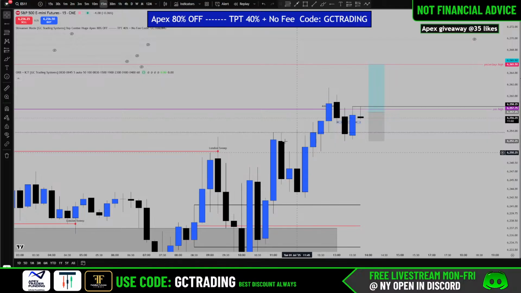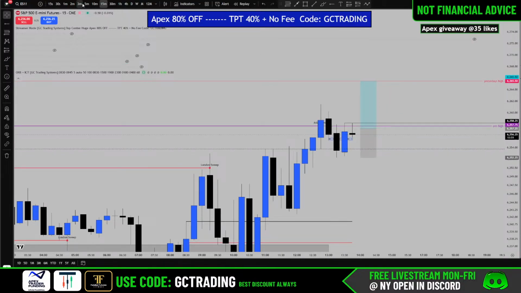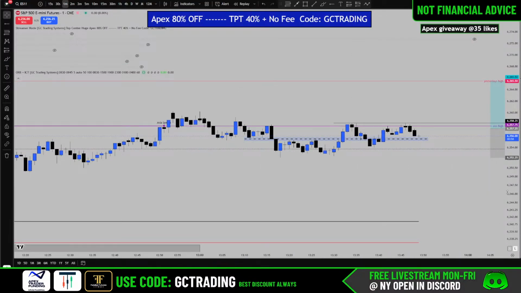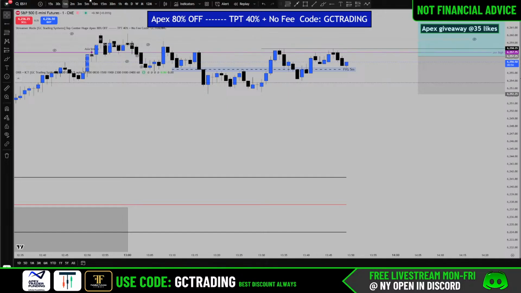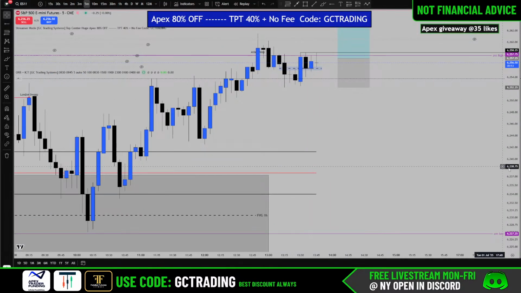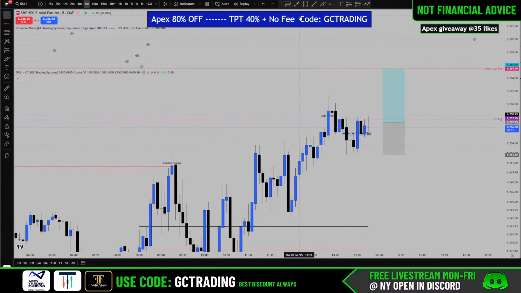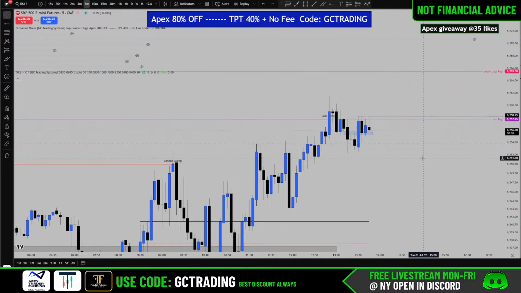But afternoon session now. We are rejecting this right here. See that? We are rejecting that. We want to see a closure above that to get long. If not, we're gonna look for something like this, and then boom, we'll get long there. And that is if we ever get our confirmation. If we don't get our confirmation, then obviously no trade.